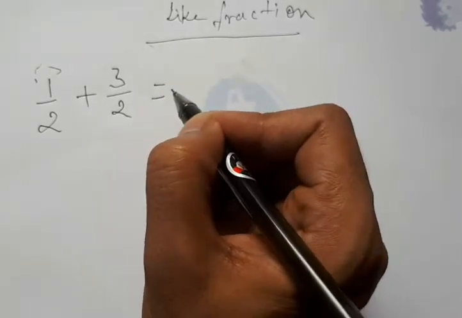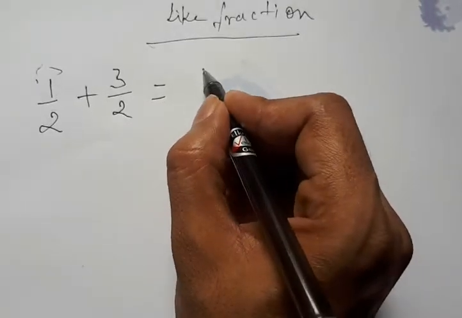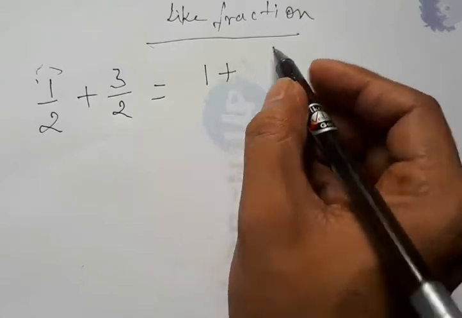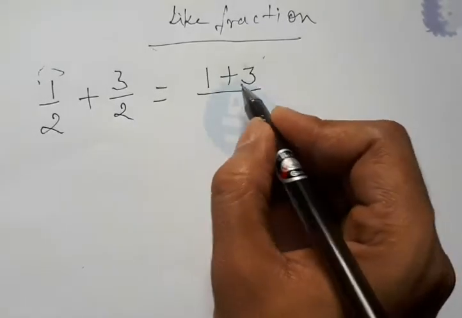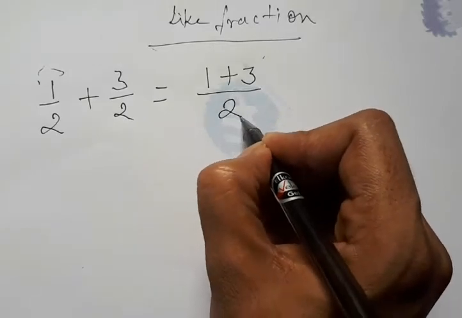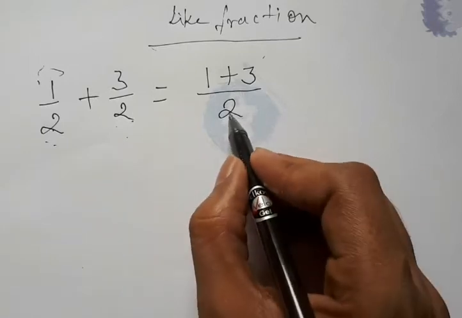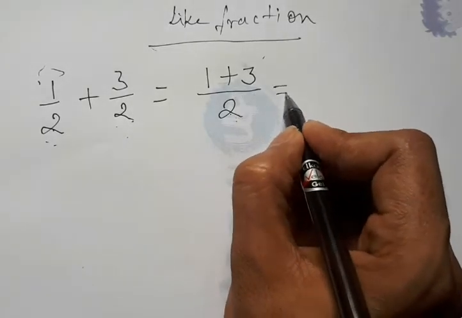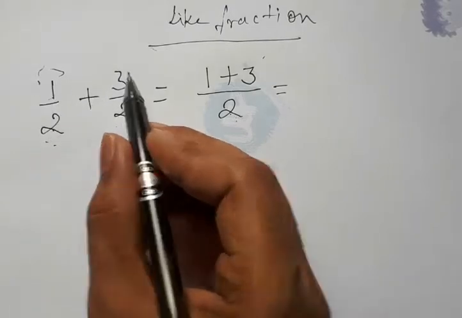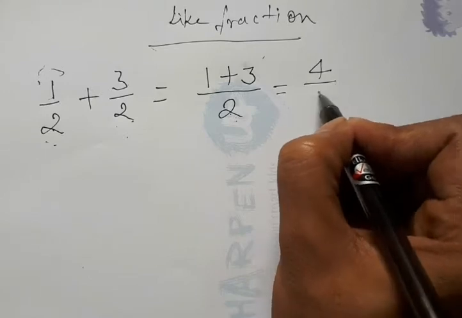Adding like fractions is very simple. You just have to add the numerators. The numerators are 1 and 3, so I will write 1 plus 3, and in the denominator I will just write 2. I will not add the denominators. So this is 4 upon 2.